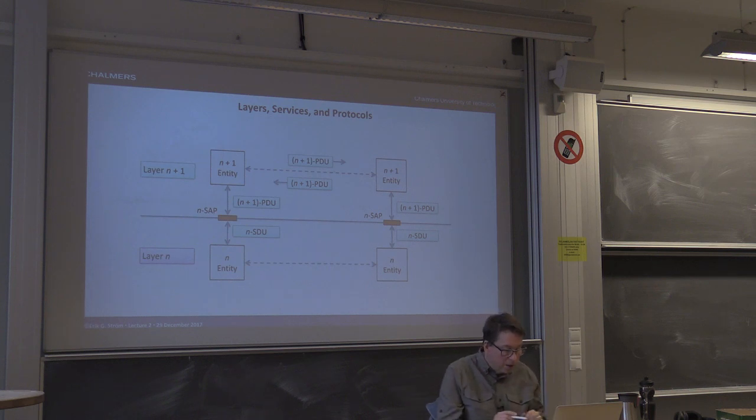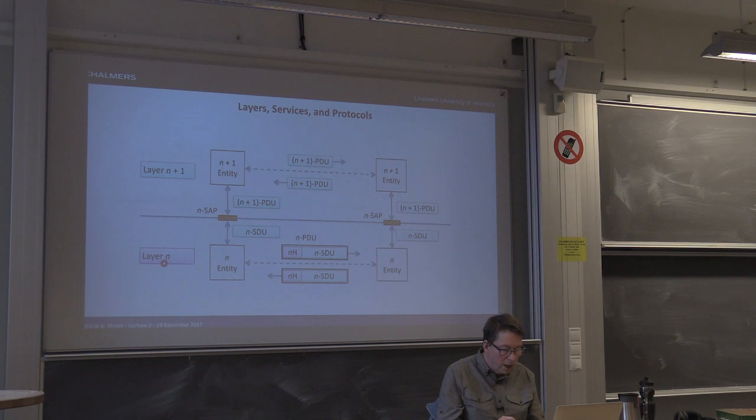Layer n plus 1 tells it, okay, please transmit this data. Okay, and then there is some control information going on here also to figure out addresses and stuff like that. But the data that should be transmitted is this. Okay, and layer n, what does it do? Well, it encapsulates this information into its protocol data units.